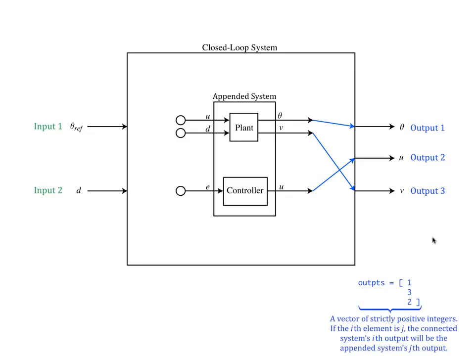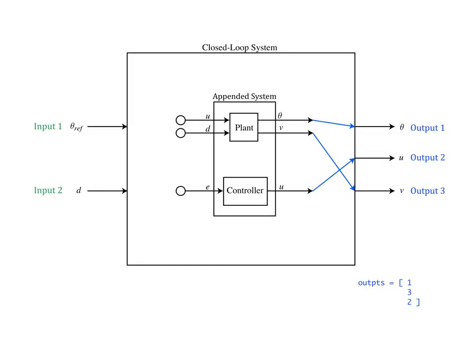Now, I've added a little bit of text here to make this more explicit. This output vector needs to be a vector of strictly positive integers, and if the ith element of it is j, the connected system's ith output will be the appended system's jth output, which I believe is what I just said 30 seconds ago, so we won't belabor that.